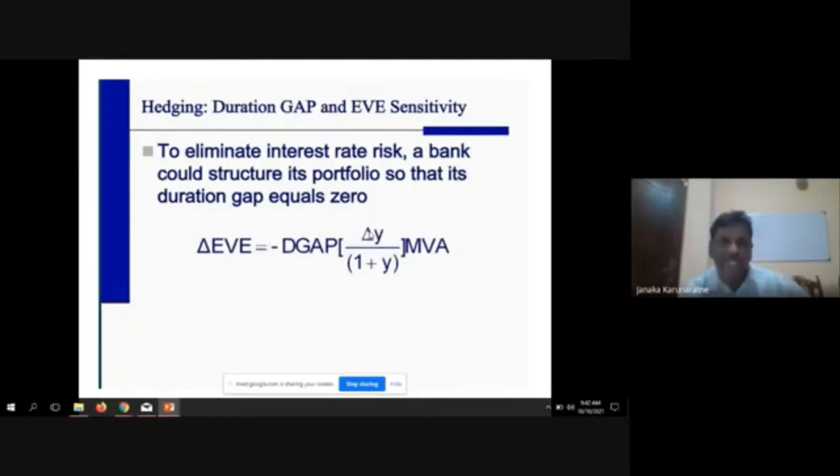So duration gap and EVE, equity value sensitivity. To eliminate interest rate risk, the bank could structure its portfolio so that duration gap equals 0.